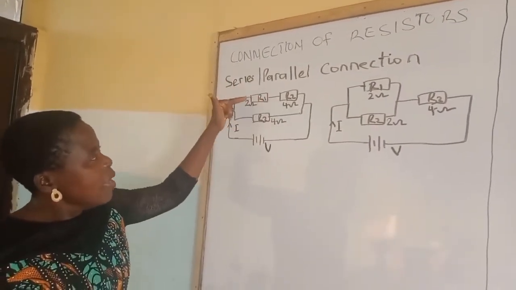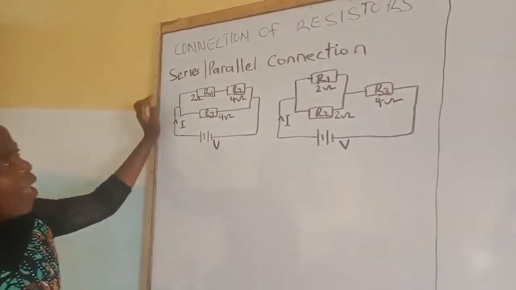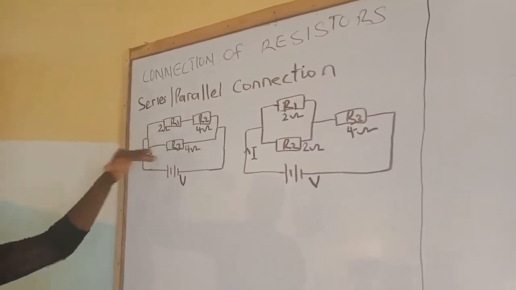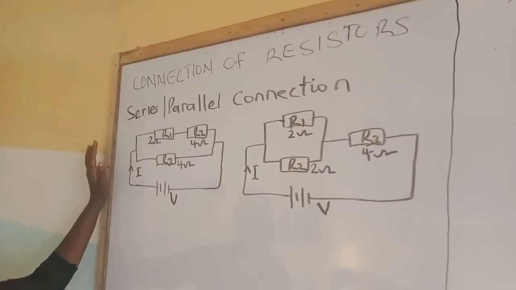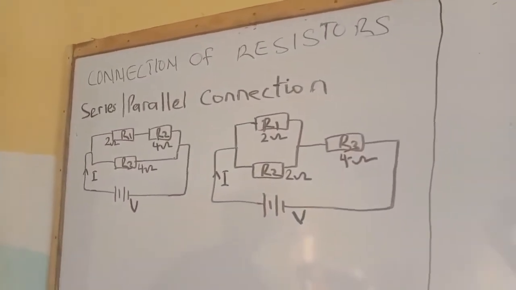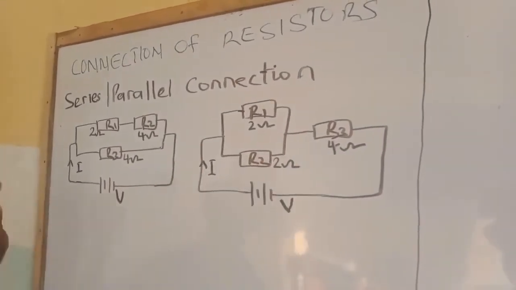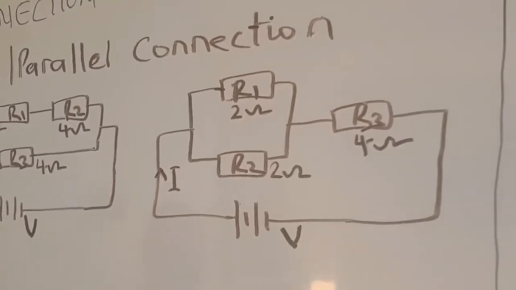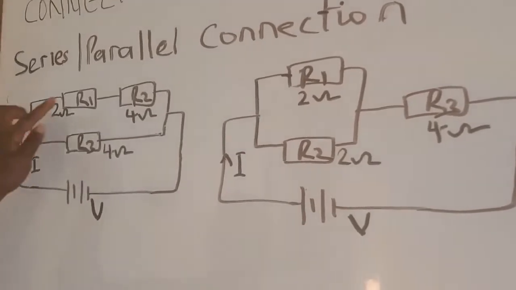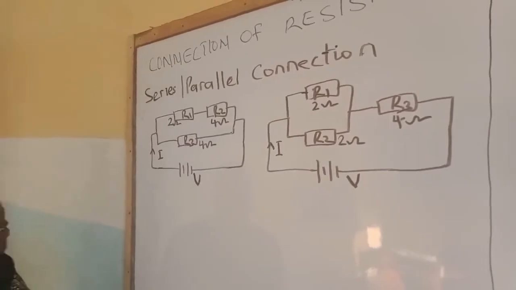These two resistors, R1 and R2, looking at it, they are connected in series. Then R1, R2, they are in parallel to R3. This combination of series and parallel. Likewise, the other one, R1, R2 are connected in parallel in series to R3. So both are still combination of series and parallel. Parallel series connection, parallel series connection, respectively.